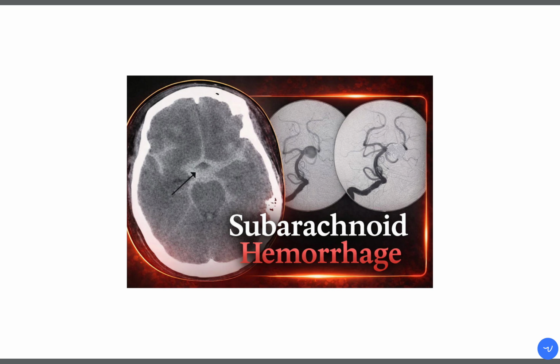But looking at the lethality of this disease, approximately 35% of the people die even before reaching the hospital, not able to get the primary treatment even. Also, subarachnoid hemorrhage has its own delayed neurological effects, which we will see.